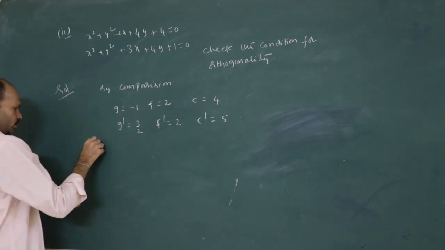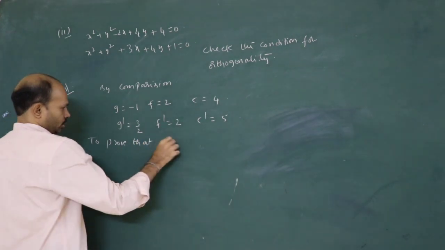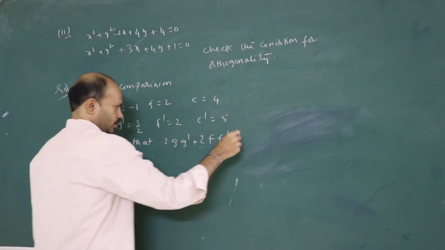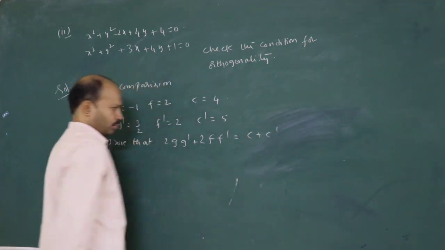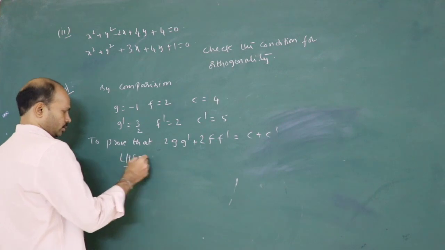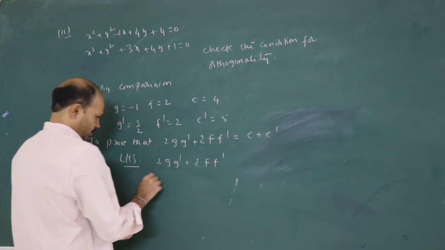We have to prove that 2gg dash plus 2ff dash is equal to c plus c dash. Write what is LHS: 2gg dash plus 2ff dash.